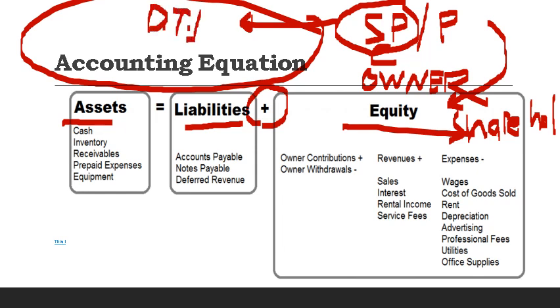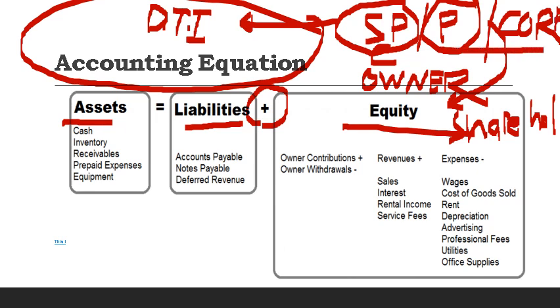However, if your business is a partnership or corporation, you register not with DTI because that is for single proprietorship. You go to the SEC, Securities Exchange Commission. So that's clear.